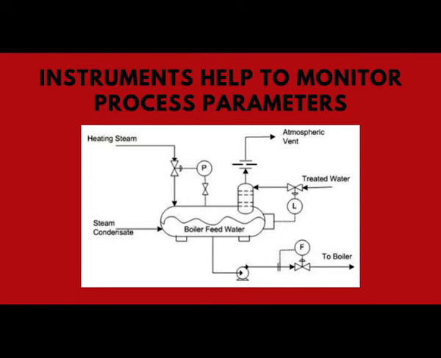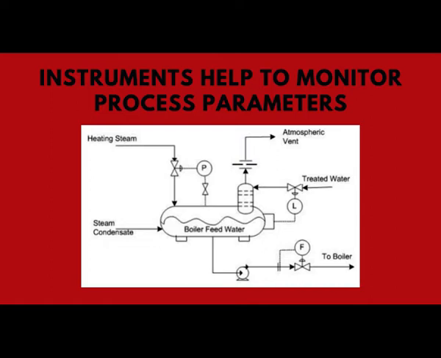Now if you see here, there are a lot of instruments put into the same system. For example, the treated water flow is primarily the function of a level controller in the boiler feed water drum. If the boiler feed water drum level is dropping, then the control valve will open and it will admit more water into the drum. The pressure in the drum is regulated by the flow of the steam. So, you can see the instrument regulating the flow of the steam.